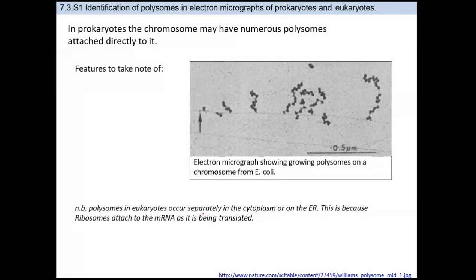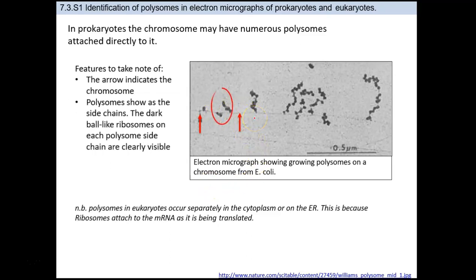And another graph. The arrow indicates the chromosome, and the polysomes show as the side chains.